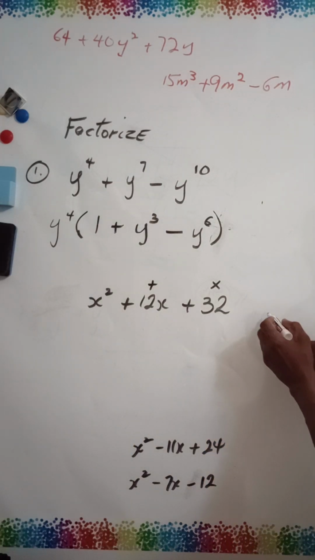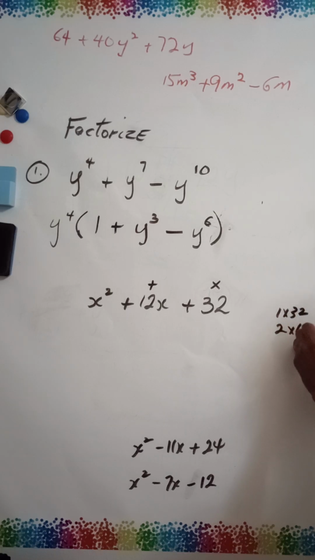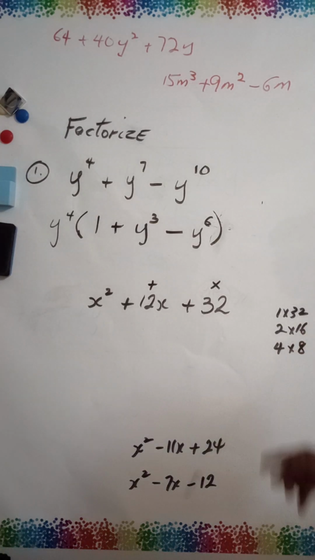Let's see all the pairs we could multiply and get 32. You have 1 and 32, 2 and 16, 4 and 8. So I think we have all of them here, right? Which pair could possibly work?